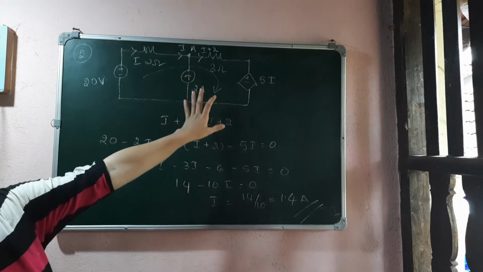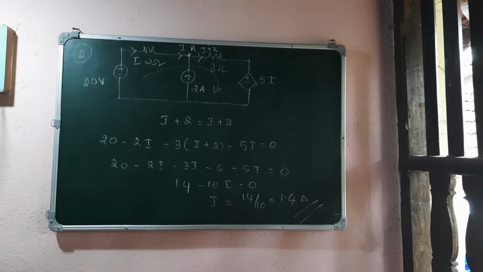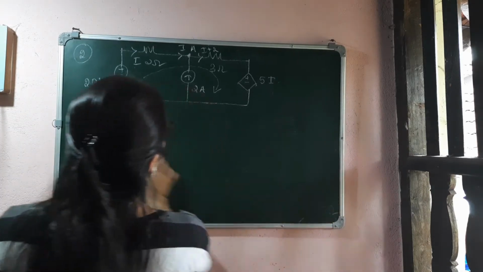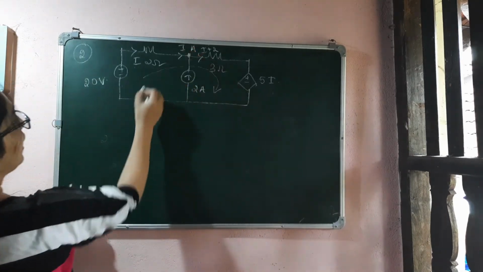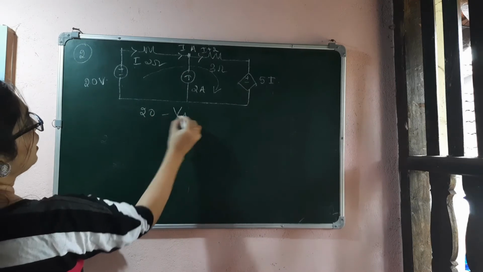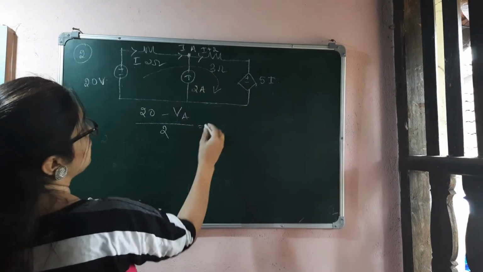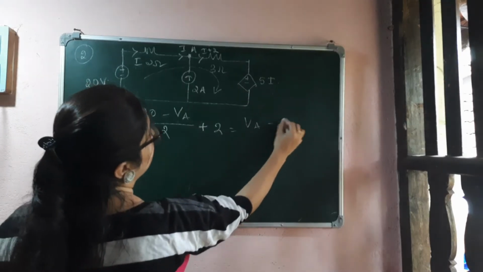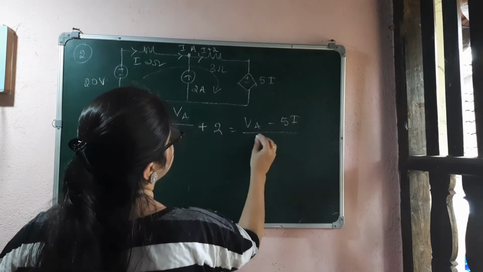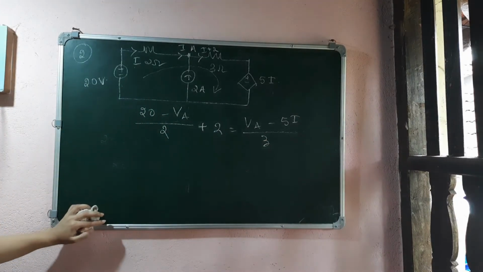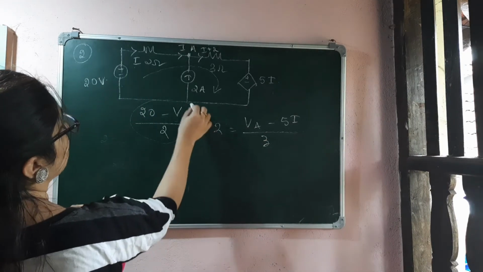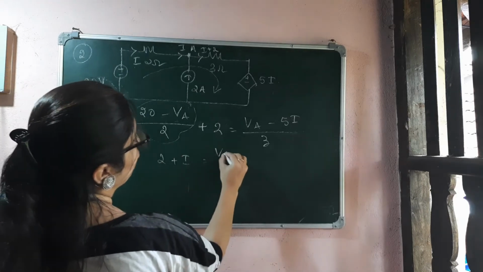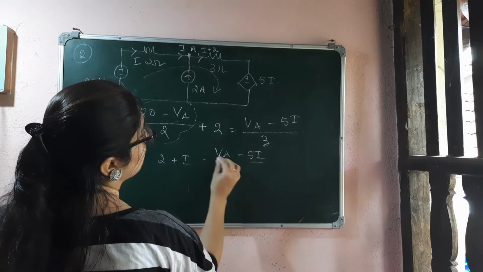If you want to apply the nodal analysis, that is also possible. At this particular point A, I can take 20 minus VA divided by 2, plus 2, because this current is entering, that is equal to VA minus 5I, divided by 3. Okay, so this is I. So 2 plus I is equal to VA minus 5I by 3.